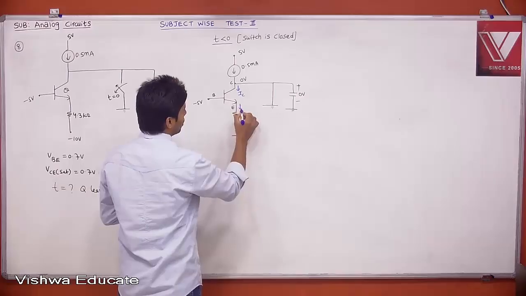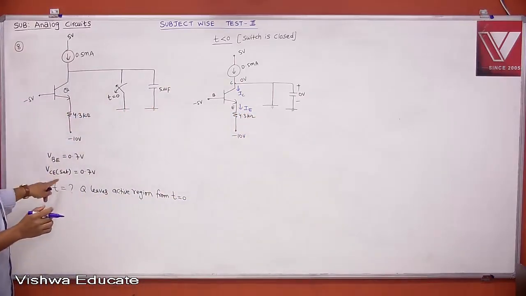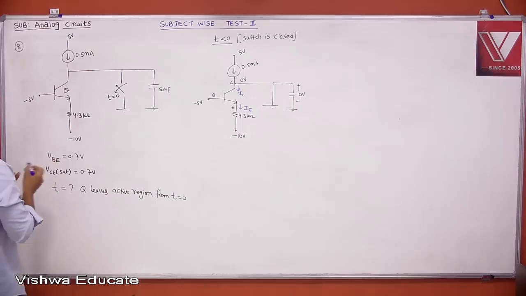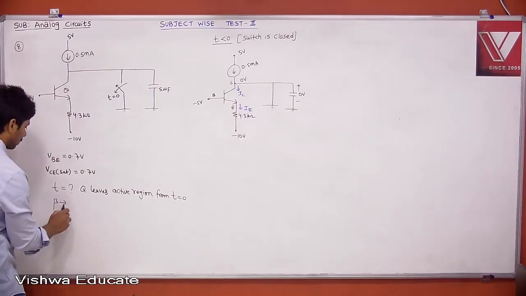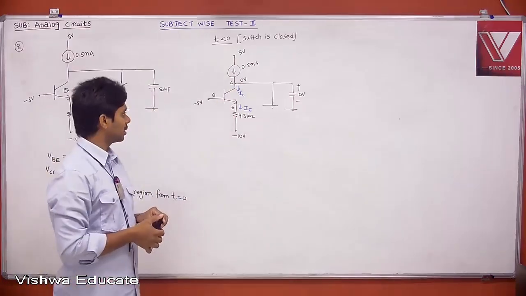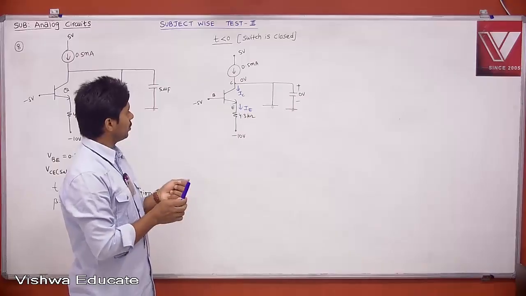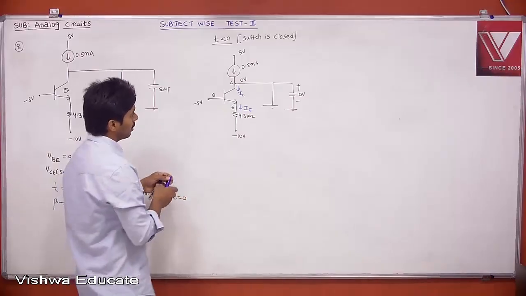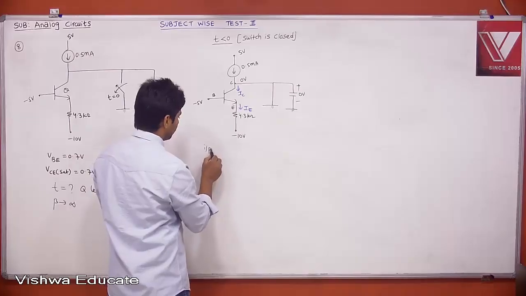Therefore, let us say this is your IE. And he told that beta is very high. Infinity means beta is very high. Then you can neglect IB, then IE is equal to IC. That is the meaning of it. Okay. Then can you write the input loop KVL? To find IE, write the input KVL.